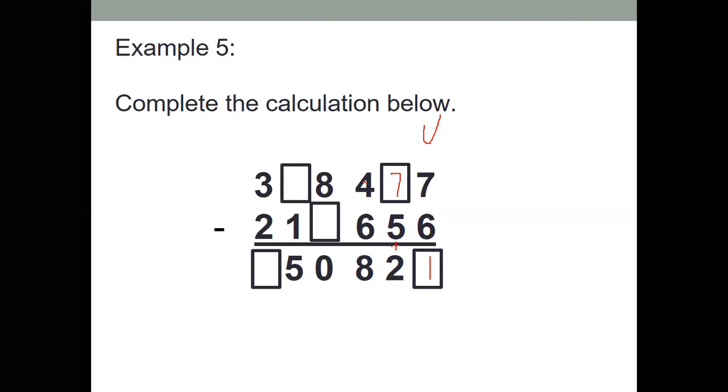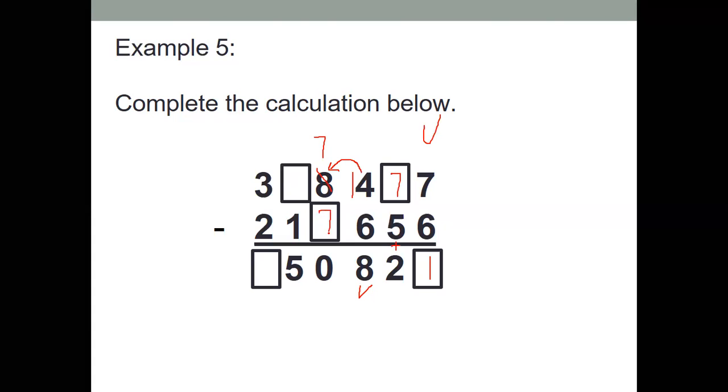Now, if you see here, 4 minus 6, can it be or can it not be? No. Therefore, remember, this one will become 7 now, and this will be 14. 14 minus 6 is 8. Now, let's see. 7 minus what gives us 0?